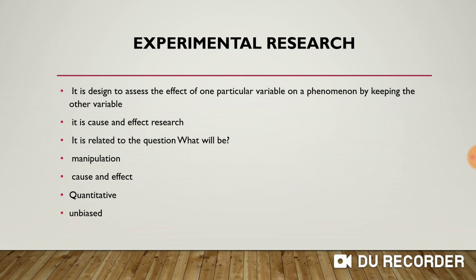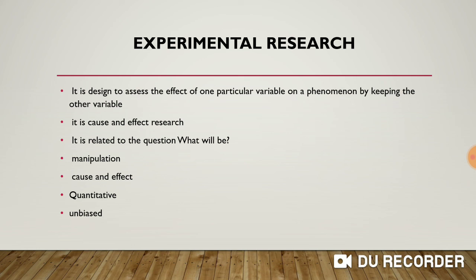Next type of research is experimental research. So dear students, as you know, experimental research plays an important role in the entire research process. Sometimes the researcher may undertake different experiments to investigate the problems.